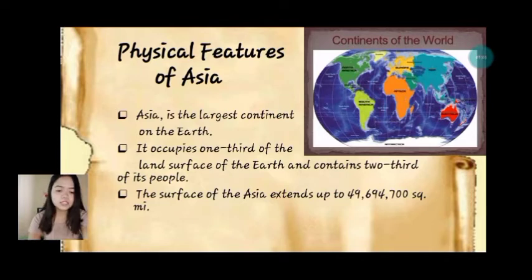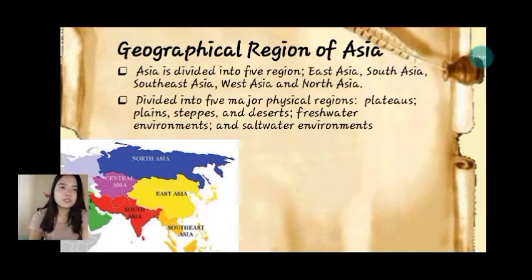It is almost entirely in the northern hemisphere and occupies 1/3 of the land surface of the earth and contains 2/3 of its people. The surface of Asia extends up to 49,694,700 square meters.